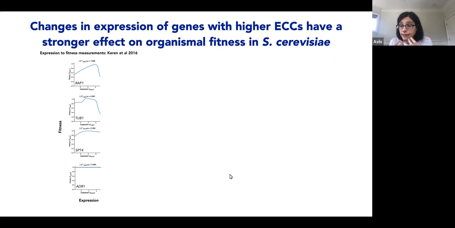We needed a statistic of fitness responsiveness, that is, for how much the fitness is affected by changes in expression. So for this statistic, we calculate something called the total variation for each of these expression-fitness curves. This statistic goes from 0, when there is no relation between expression and fitness, like ADR1 at the bottom, all the way to 1 when the dependency is high, like RAP1 at the top.